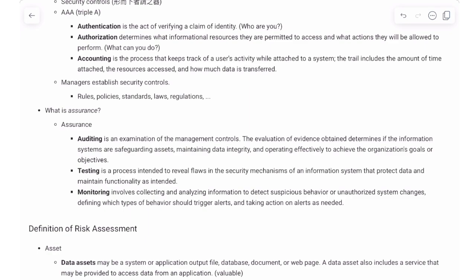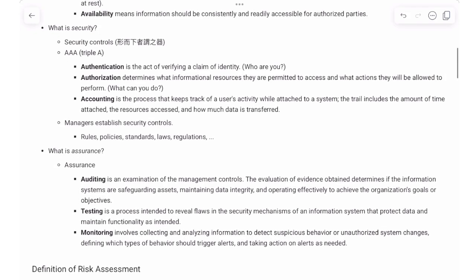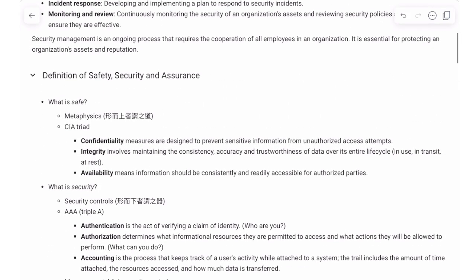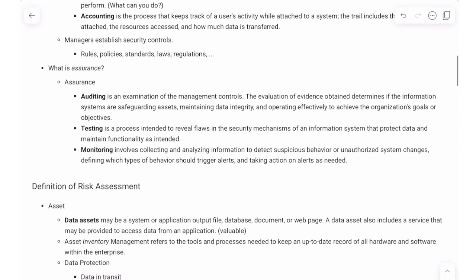So make sure you have done auditing, testing, and monitoring in your assurance mechanism, so that your security controls will be accurately implemented. And after that, your boss can say, okay, we provide a certain kind of safety in our services or our product. So that is the relationship between safety, security, and assurance.